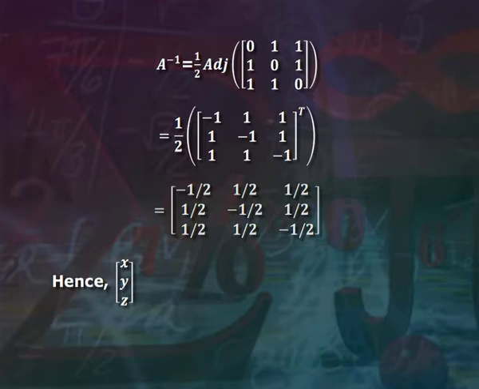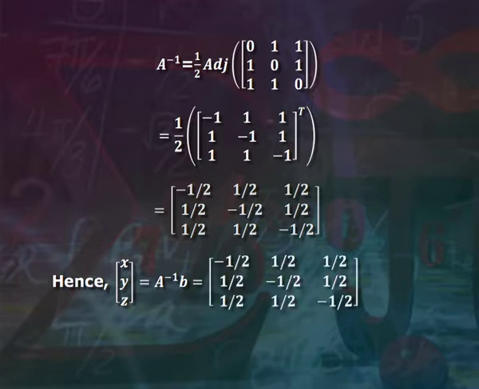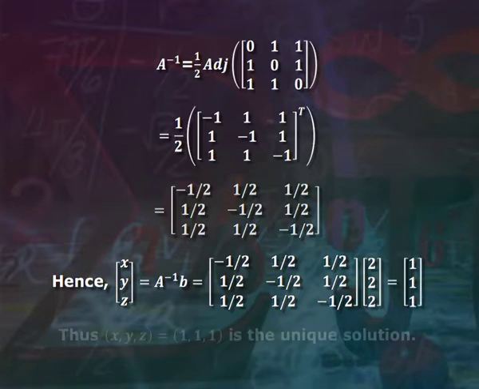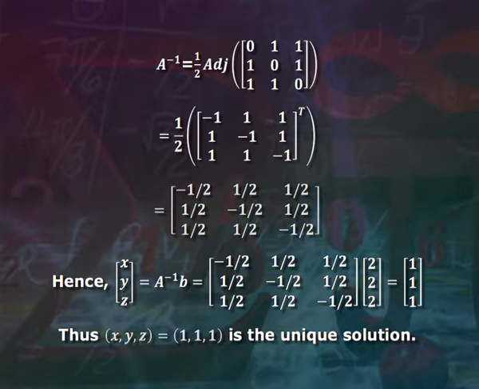Hence, the column vector x, y, z is equal to A inverse multiplied by b, which is the previously calculated A inverse multiplied by 2, 2, 2, which equals 1, 1, 1. Thus, x, y, z equal to 1, 1, 1 is the unique solution.